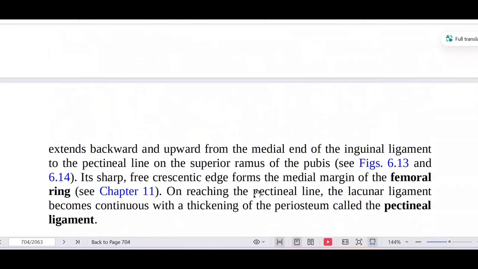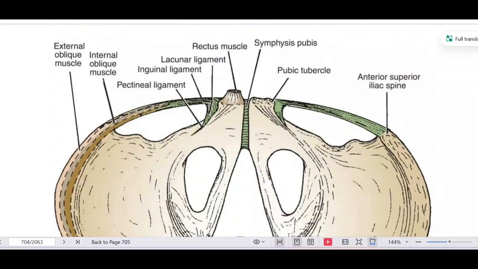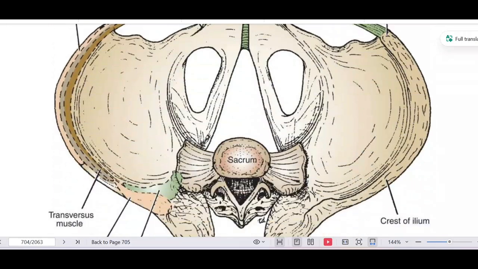Okay, we are now talking about the lacunar ligament. On reaching the pectineal line, the lacunar ligament becomes continuous with the thickening of the periosteum, which I have already mentioned, and this part forms the pectineal ligament. So the pectineal ligament is a modification of the inguinal ligament.